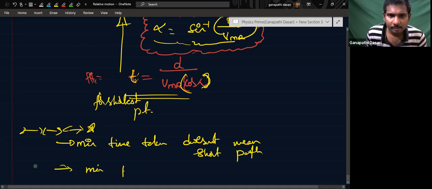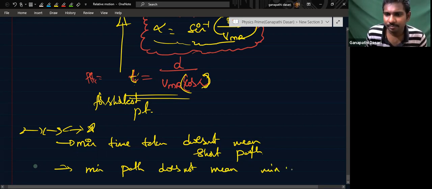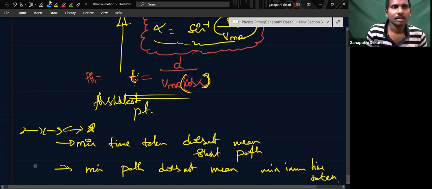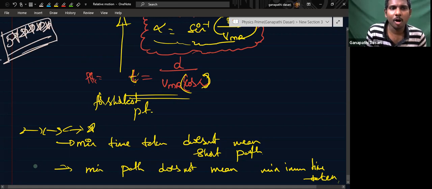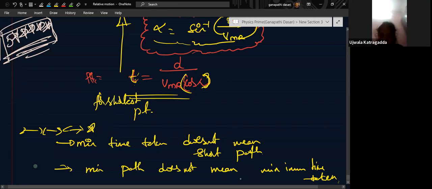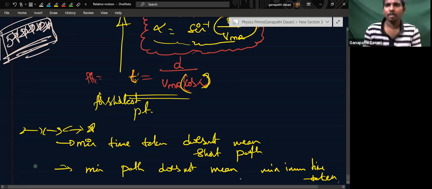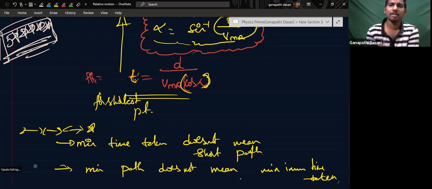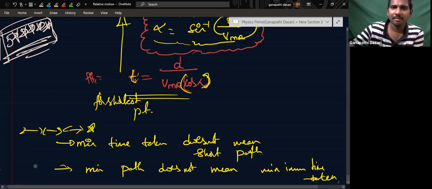Minimum path, that means shortest path, does not mean minimum time taken. This entire description you can consider to be 5-star points. You can revise it throughout the 6 months of the topic. Whenever you go wrong in board problems or exams, you go to this concept, become perfect, and solve the question. Then automatically you can solve any kind of question at the end of your examination.